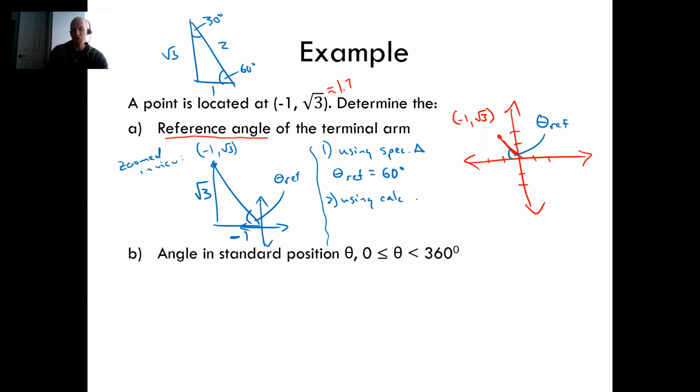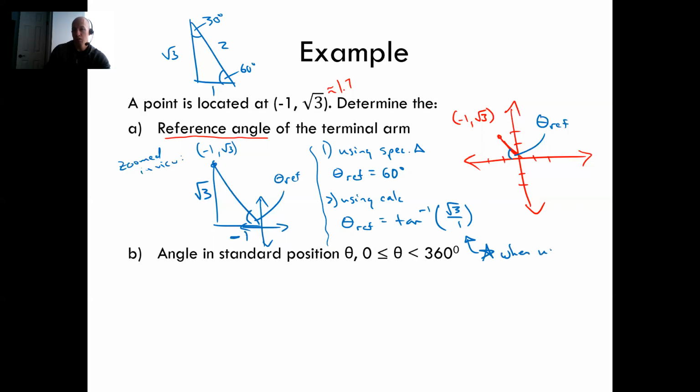I wanted to show you this because if you're going to figure out that reference angle, you're going to have to go inverse tan, but what you type in, and this is really, really important, you don't type in root 3 over -1. You're going to type in root 3 over +1. Your calculator will get confused if you put in a negative sign. So let's put a big note here.